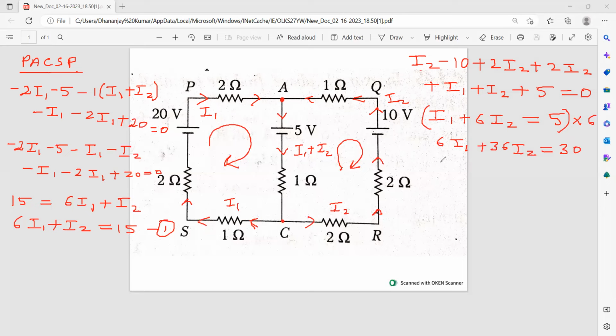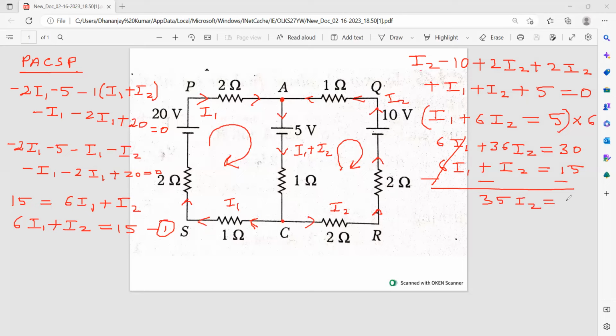And this is the equation we have, 6 I1 plus I2 is equal to 15. Subtract these two equations. We get 6 I1 minus 6 I1, this is cancelled. 36 I2 minus I2, this will be 35 I2.